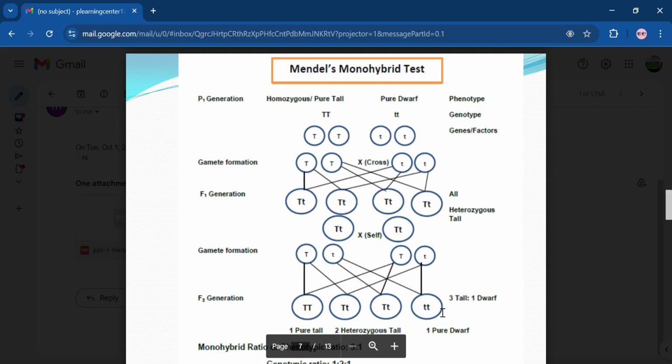These two are pure characters: one gives pure tall and the other gives pure dwarf. And when capital T and small t cross together, these two are heterozygous tall.